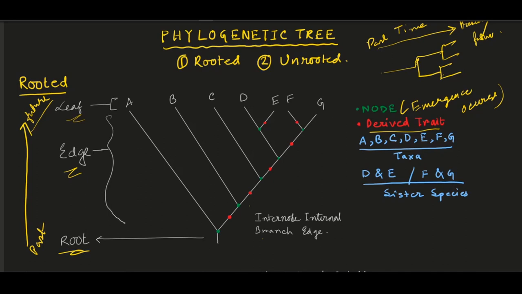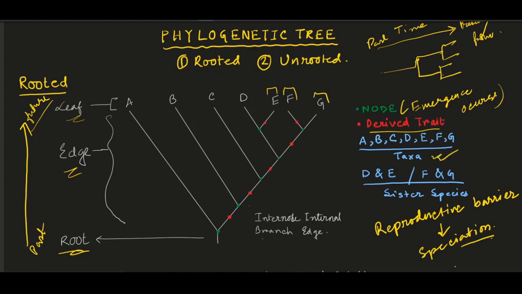That means the derived traits create the reproductive barrier, and the reproductive barrier leads to speciation. So a derived trait influences the reproductive barrier, which leads to speciation, and all these species are called taxa.